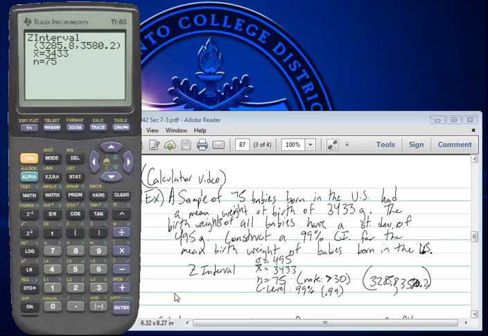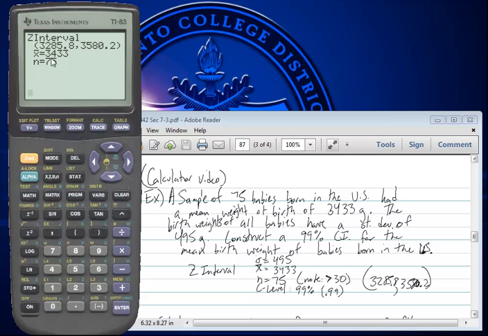All right, so we'll go to Calculate. And there's our confidence interval. We're 99% confident that this interval contains the true mean birth weight of babies born in the U.S. So between 3,285.8 and 3,580.2. It reminds you of what that x bar is and what that n is again, so that you can report that when you're writing a report or whatever.